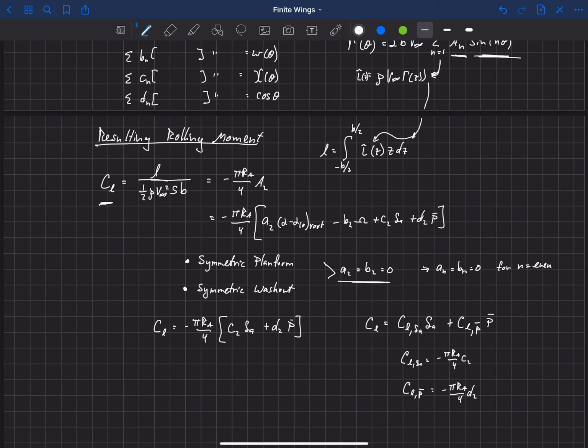All I've done is rewrite this equation in a different form, where I've taken everything proportional to delta A and turned it into this coefficient.